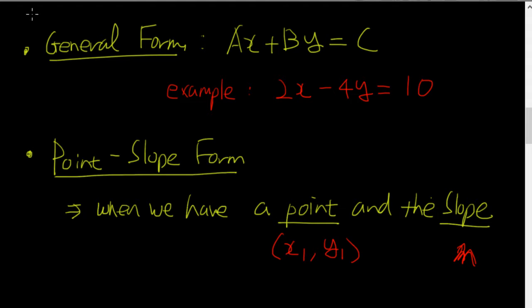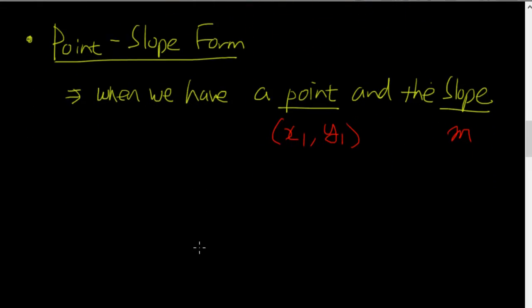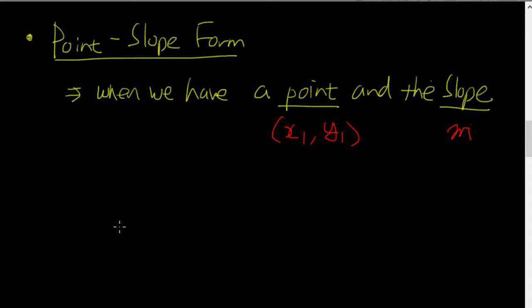We use m for slope. So, what's the actual form? The actual form looks like this. y minus y1 equals m times x minus x1.